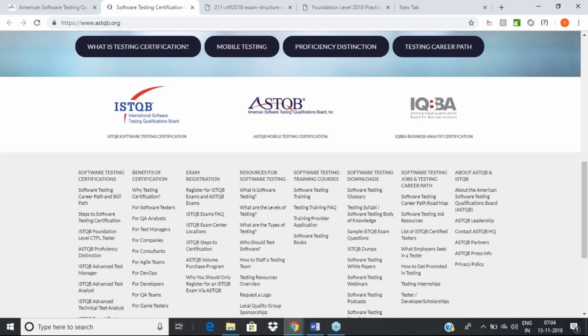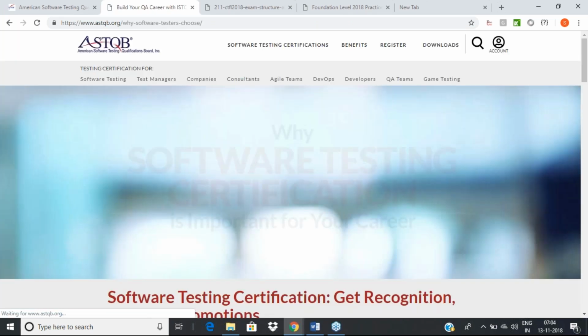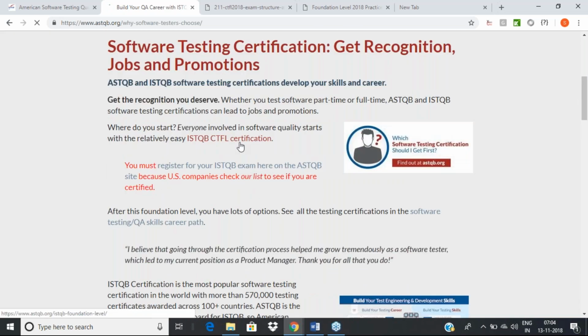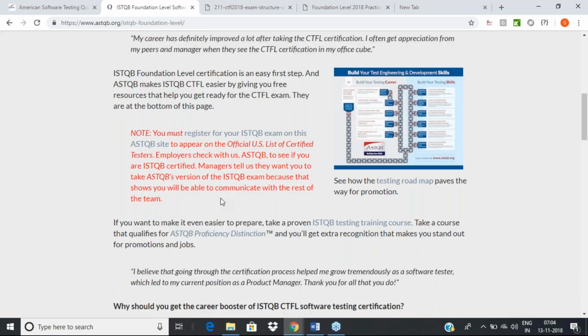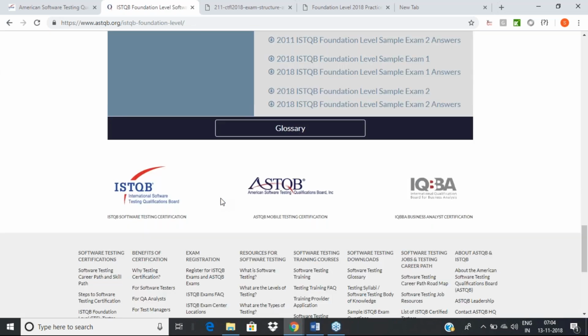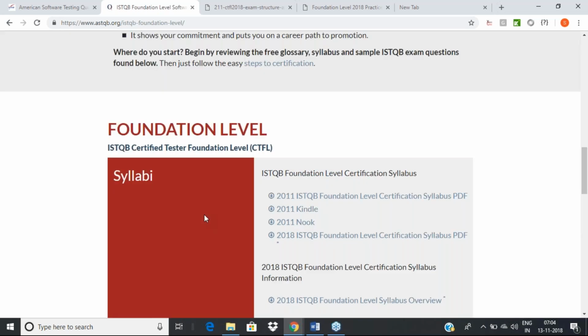It's not that you have to take it from the US only. Of course, there are a few more sample questions on the ASTQB site as well.